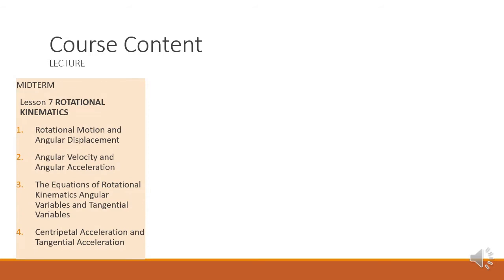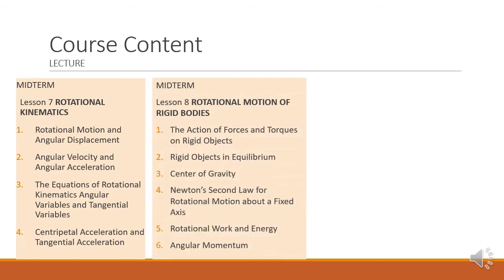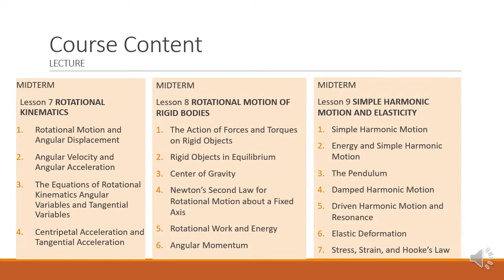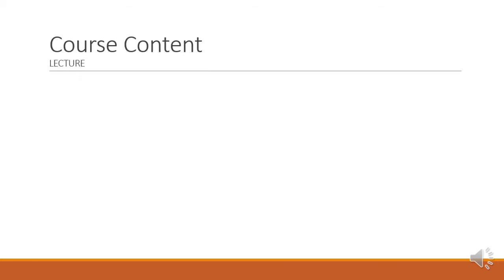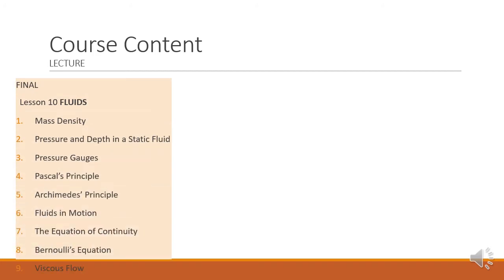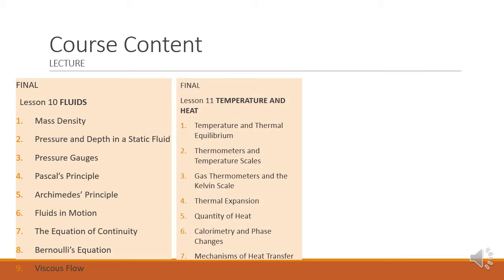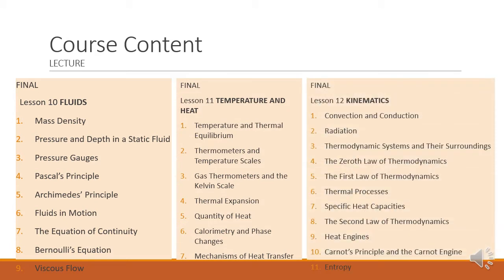It continues to Lesson 7, Rotational Kinematics, Lesson 8, Rotational Motion of Rigid Bodies, and Lesson 9, Simple Harmonic Motion and Elasticity. That's for your midterm. And as for the final, we'll be having Lesson 10, Fluids, Lesson 11, Temperature and Heat, and Lesson 12, Kinematics.